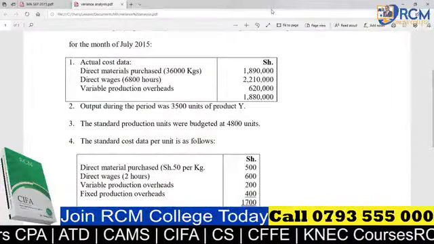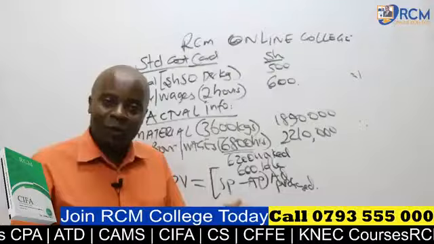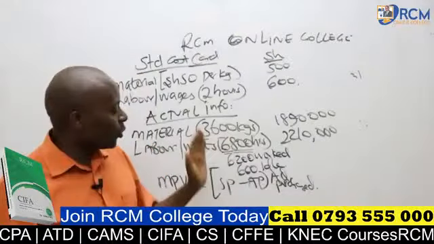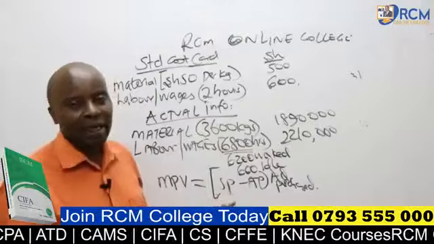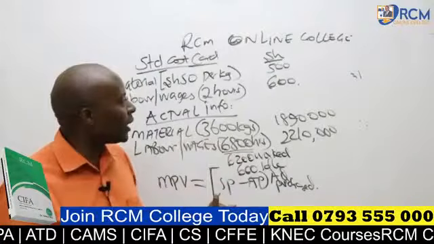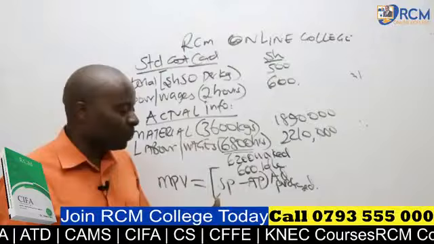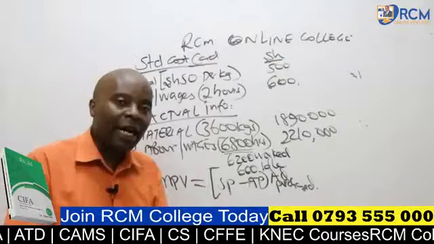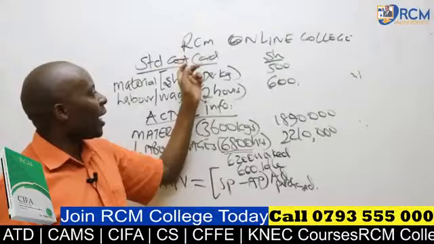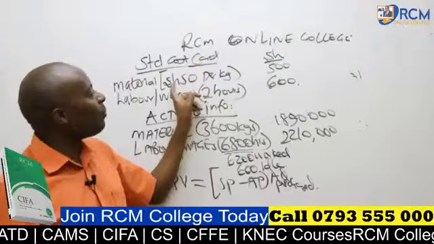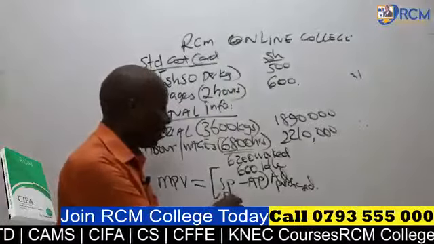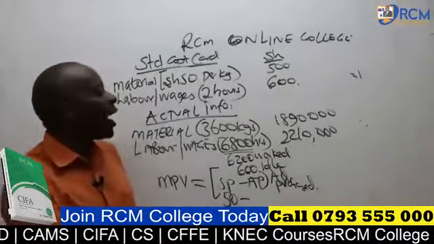At times it could be per liter, depending on the type of materials we've been given, but for now we have kilograms. To get the standard price per kilogram, we look at the standard cost card, and I can see the standard price given for each kilogram is 50.